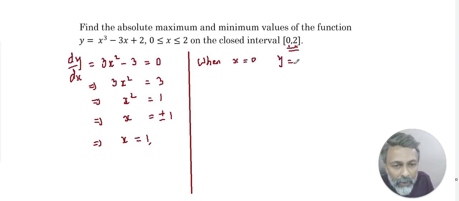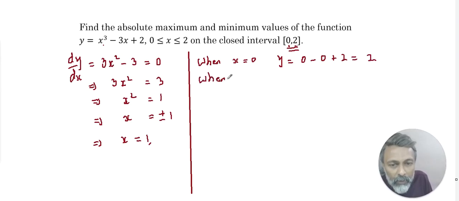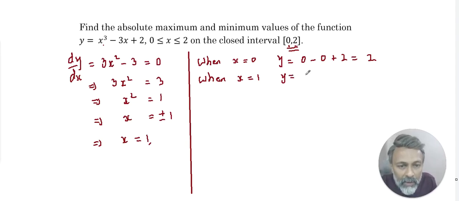When x is equal to 0, y will become equal to, put 0 in the places of x, 0 minus 3 into 0 plus 2, which is equal to 2. When x is equal to 1, because 1 was the turning point, y is equal to 1 minus 3 plus 2, which is 0.